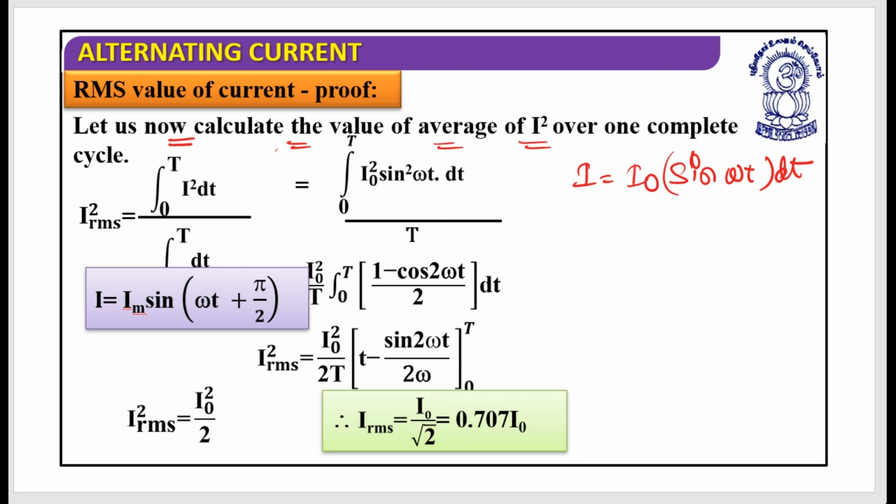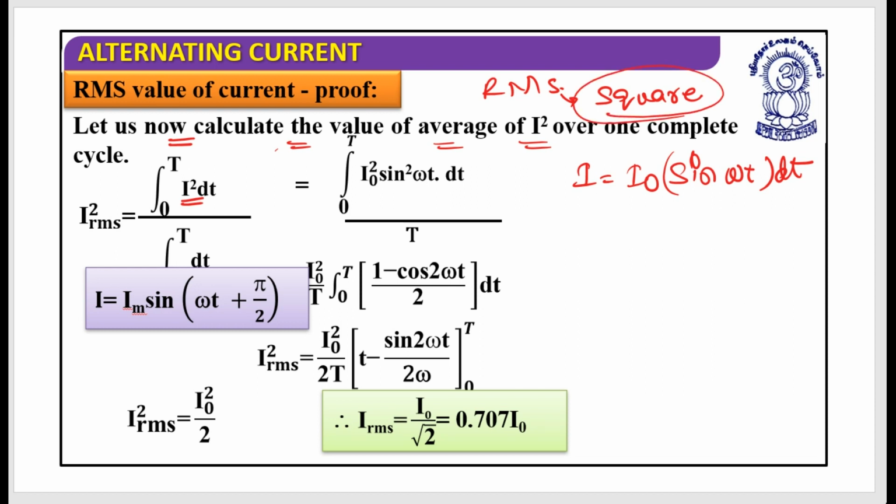Why I square? Because what I want is the RMS, and the first task is to square it. So if I square it, it's an integration of I square from 0 to T, I square dt.